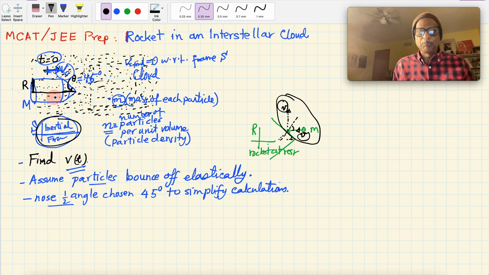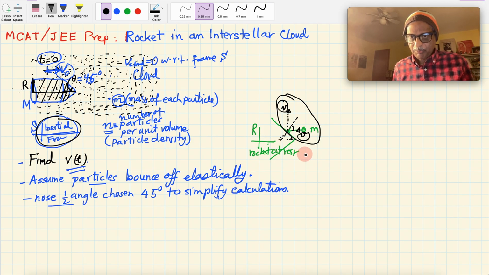So the momentum of the rocket plus the momentum of the particles should be constant. So if this is the change in momentum of the particle, then you have to say what's the change in momentum of the rocket.